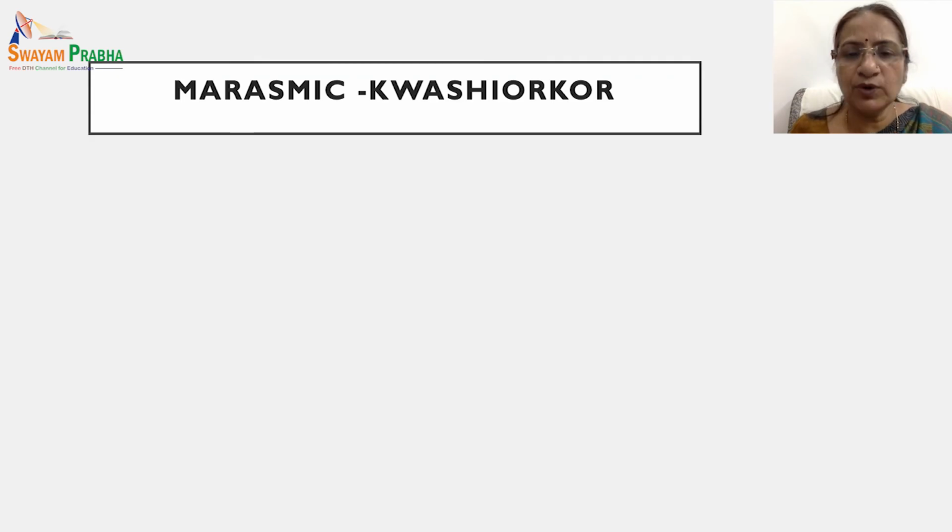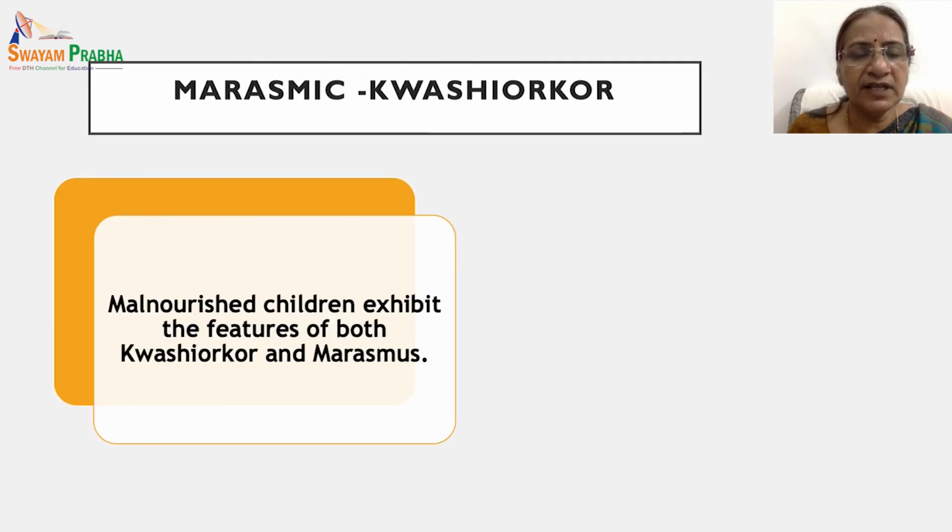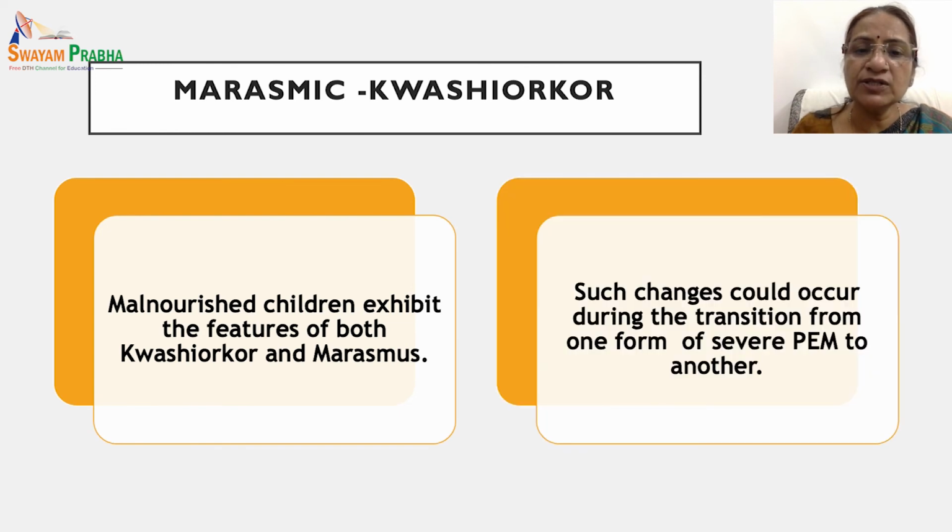Now, marasmic kwashiorkor. Sometimes in areas where protein energy malnutrition is common, malnourished children exhibit the features of both kwashiorkor and marasmus. Such changes could occur during the transition from one form of severe protein energy malnutrition to another.